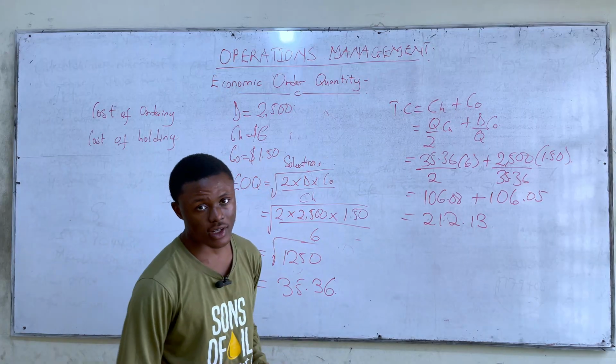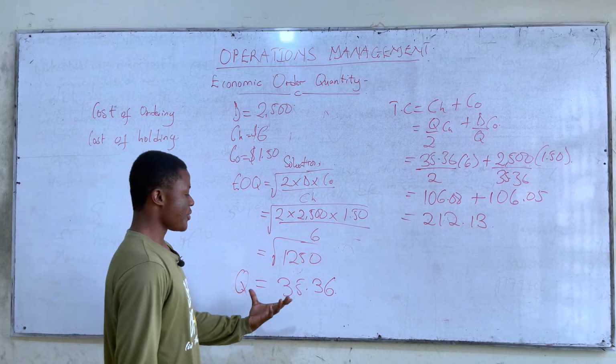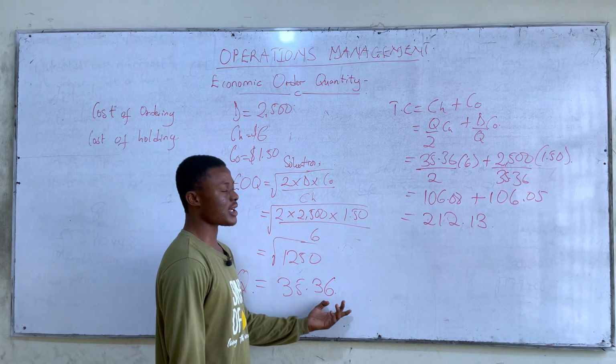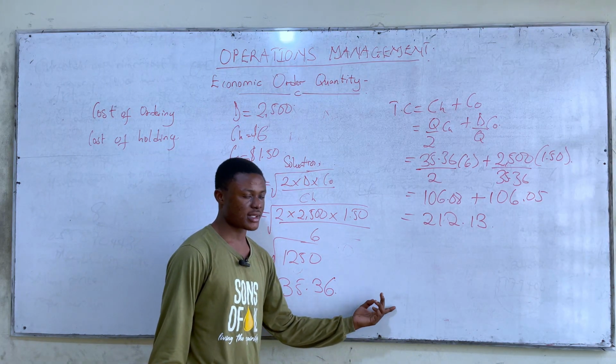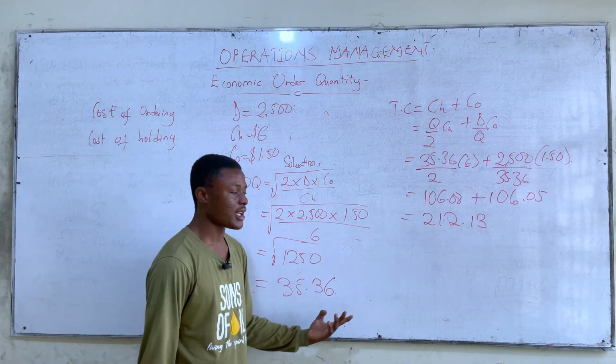But here you have to take note that when you are finding your economic order quantity, we don't have a quantity of 35.36. Hope you are getting the point. I should have noted that earlier, but it's all the same.